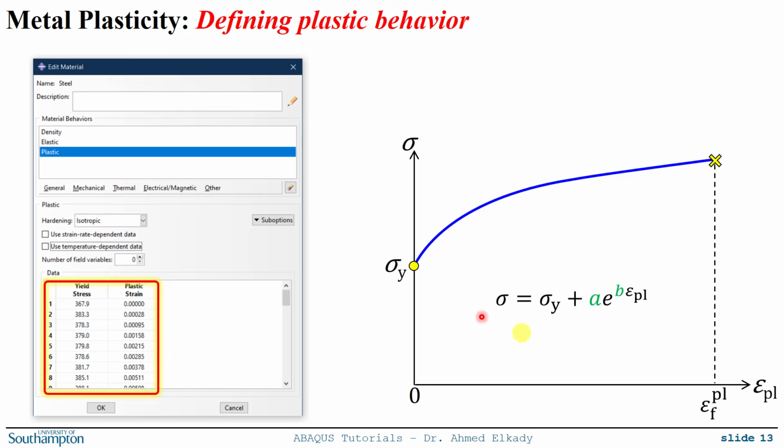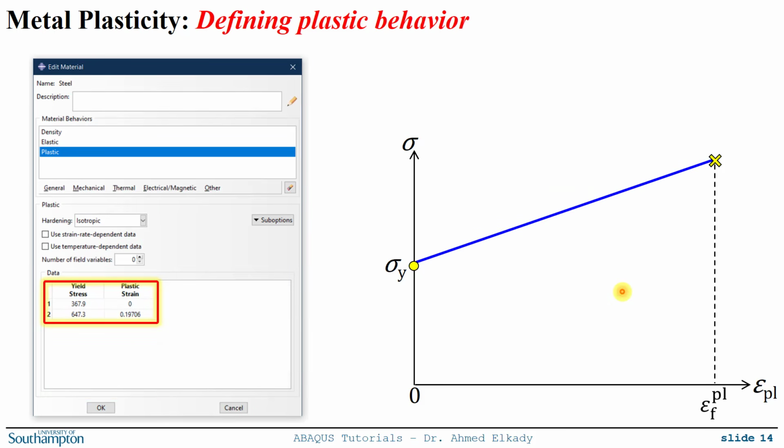Of course, in these nonlinear equations you will have some constants, and these constants can be obtained by calibration. Or if you look in the literature, you can find recommended values for these constants for specific grades of steel, grades of stainless steel or any other material.